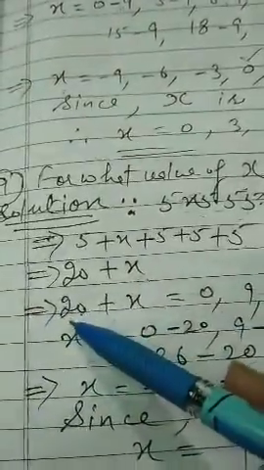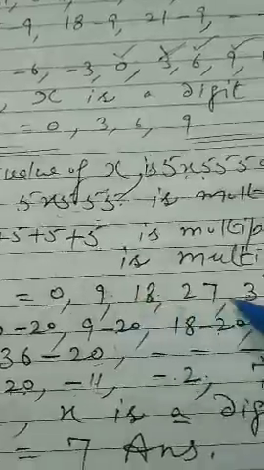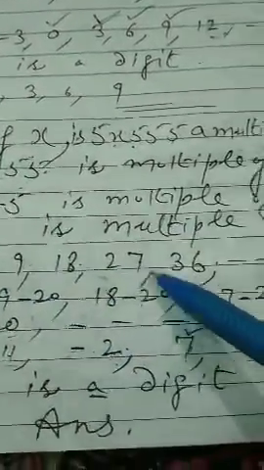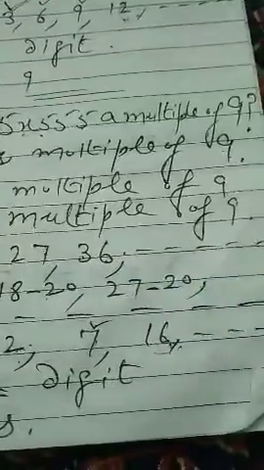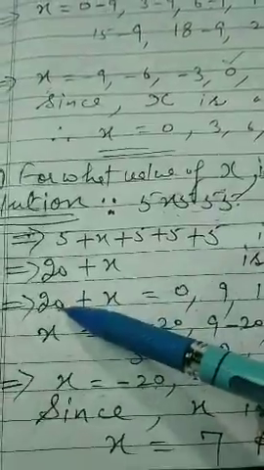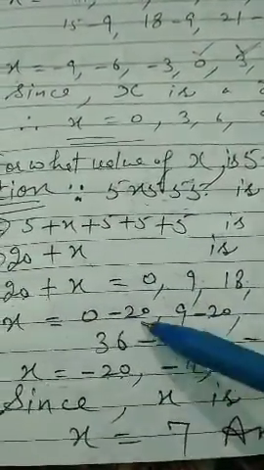Then in front of 20 plus x, we will write the multiples of 9 like 0, 9, 18, 27, 36 and so on. Now it's time to subtract this 20 from each and every multiple of 9 like that.